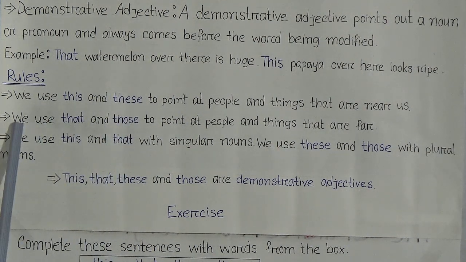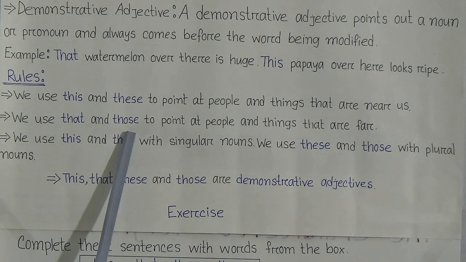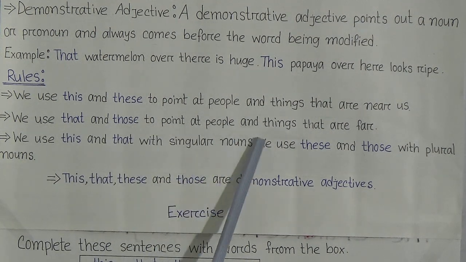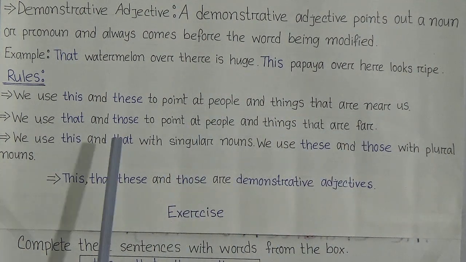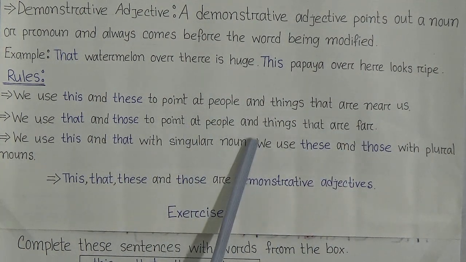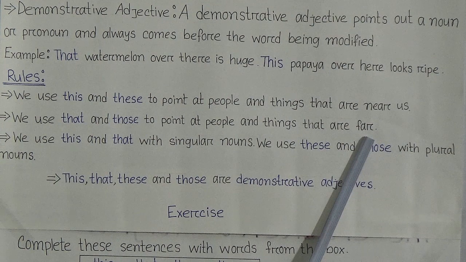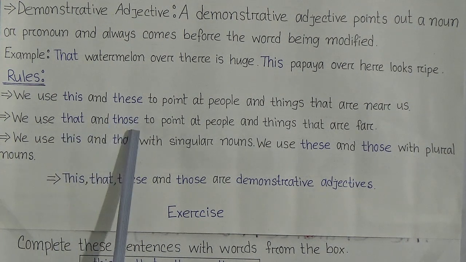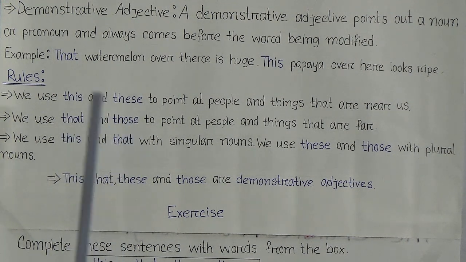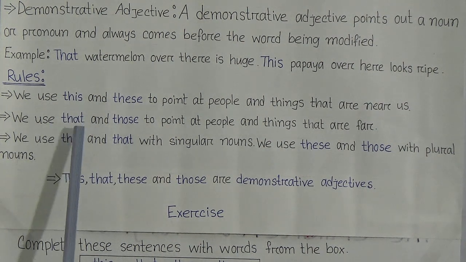Next one, we use that and those to point at people and things that are far. Like before, when we find someone or something far from us, we'll use that and those. Now the question is, when will we use that and those? When the thing or person is singular, we'll use that.